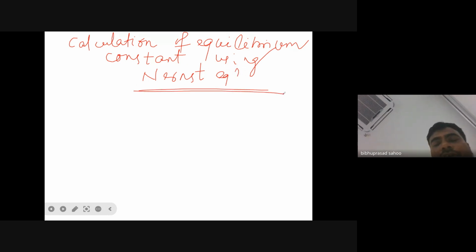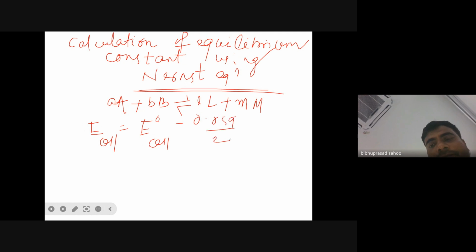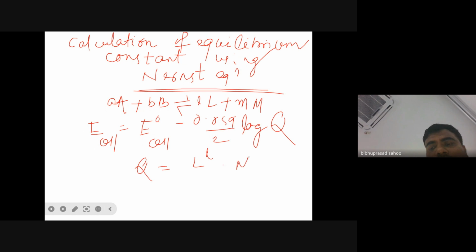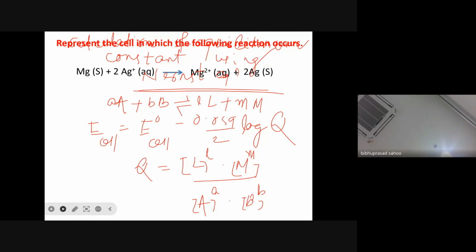So student, you know the Nernst equation for the reaction, already you know, Q, where Q is equal to this. This is the equation.